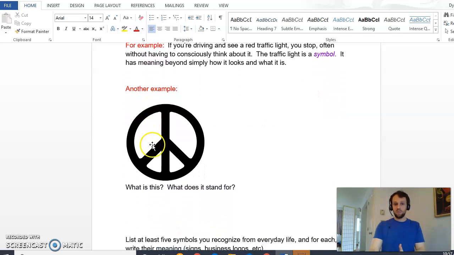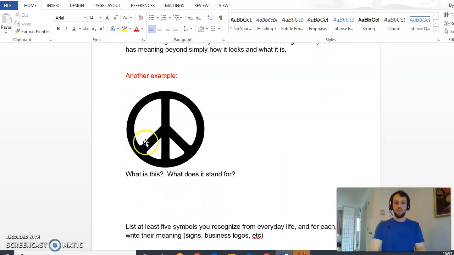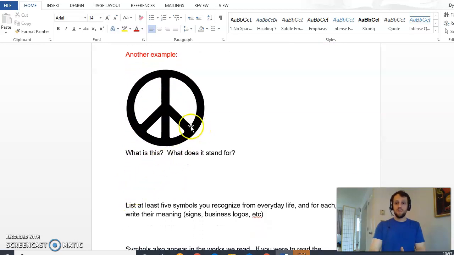So another example is the symbol that you see on the screen here. This obviously is the peace symbol. In most places of the world, you will recognize that this circle with the lines drawn in it stands in for this bigger idea of peace or even world peace. There's nothing about this circle in itself that means peace.